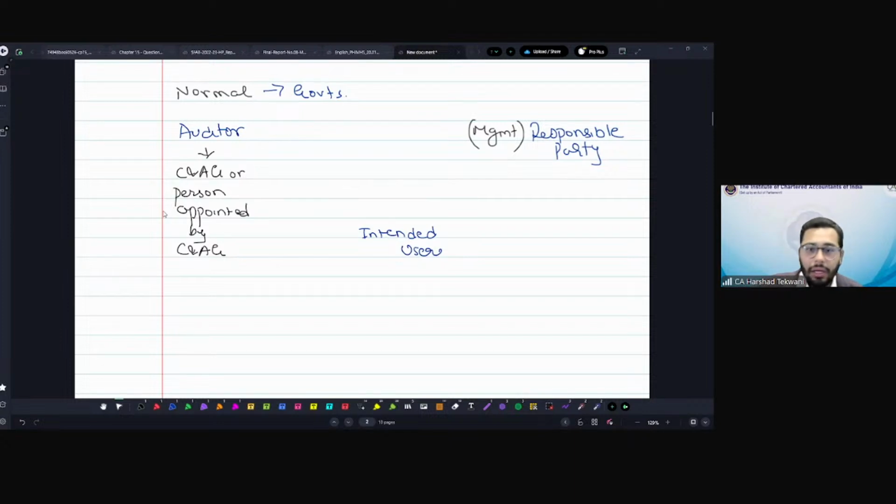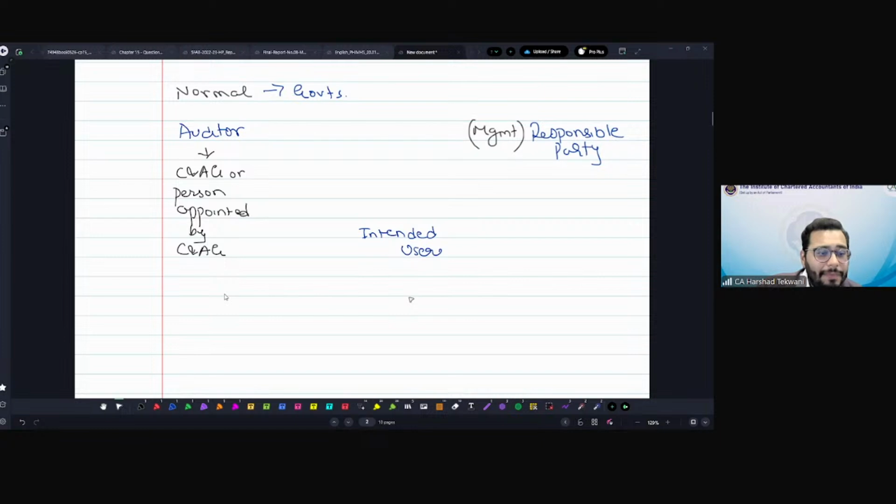That's why, unlike the normal audit, where you have shareholders and board of directors of the company, which can be same, which can be different, that's why it's auditor and the company role. But here, company is separate. Intended users can be general public and the auditor is the C&AG.